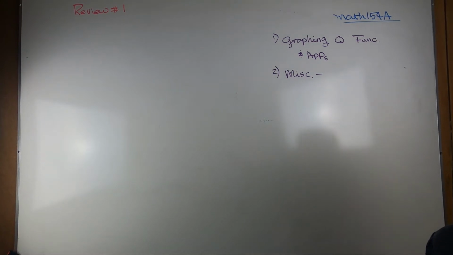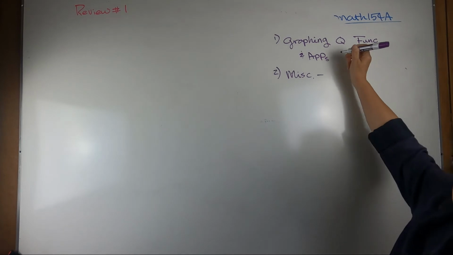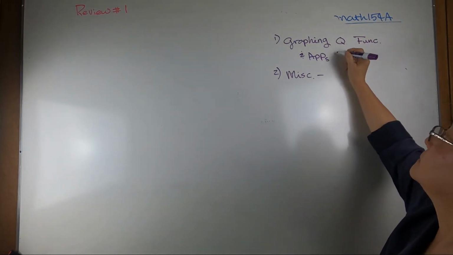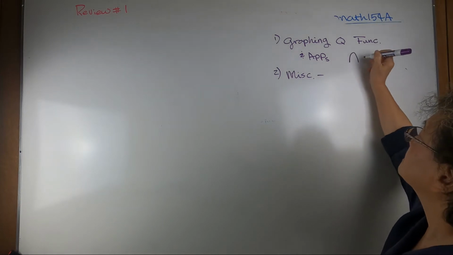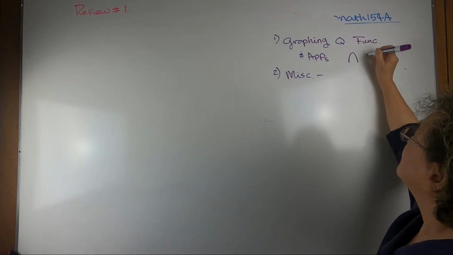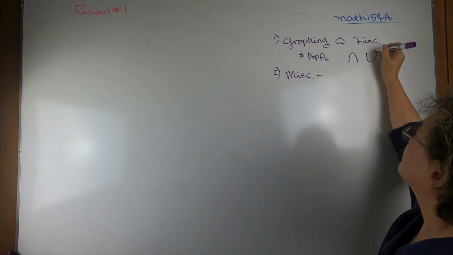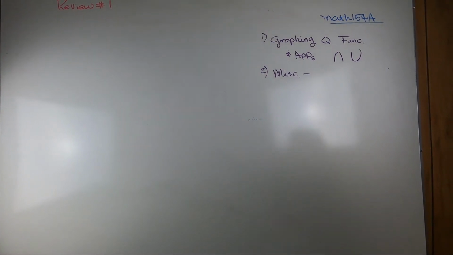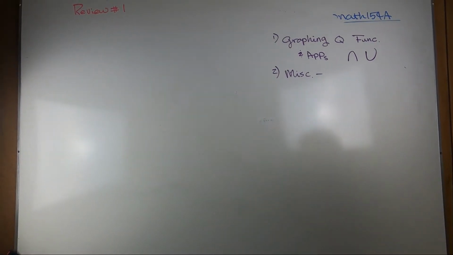That would be one of the first things you are learning to graph, right? The second degree polynomials and quadratic function. It can be opened up or opened down, right? And applications.